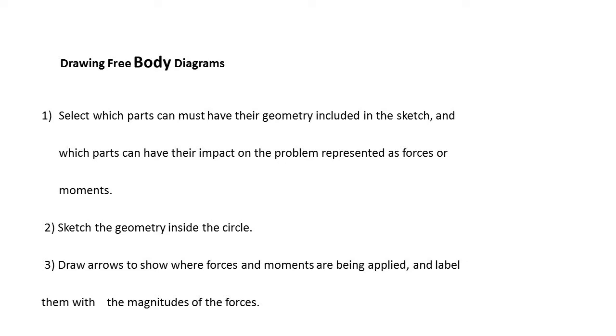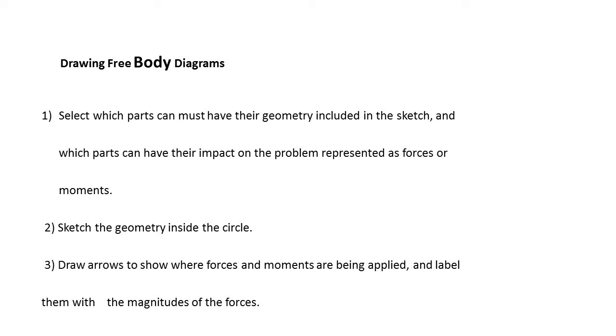This process is sometimes visualized as drawing a circle around the problem so that things inside the circle are represented as geometry and things outside the circle are represented as forces applied to the parts inside the circle. Second, sketch the geometry inside the circle, and third, draw arrows to show where forces and moments are being applied and label them with the magnitudes of the forces.